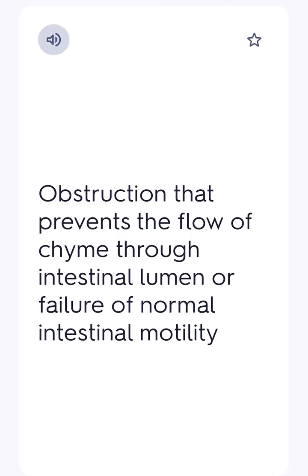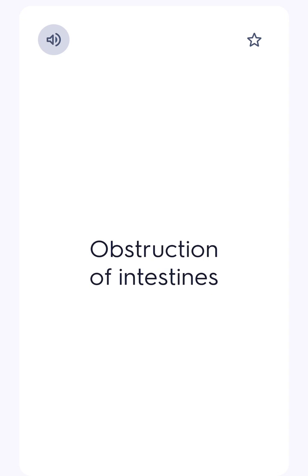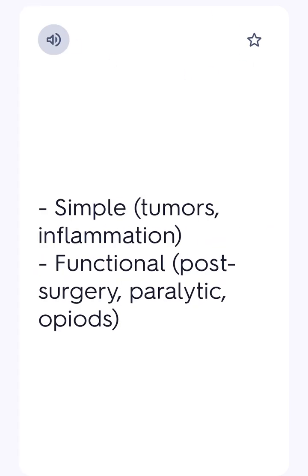Obstruction that prevents the flow of chyme through intestinal lumen or failure of normal intestinal motility. What is an ileus? Obstruction of intestines. What are the types of intestinal obstruction and ileus? Simple, functional.